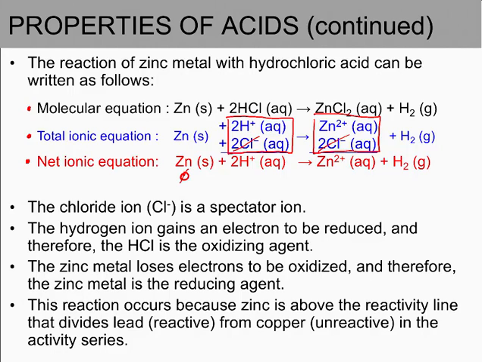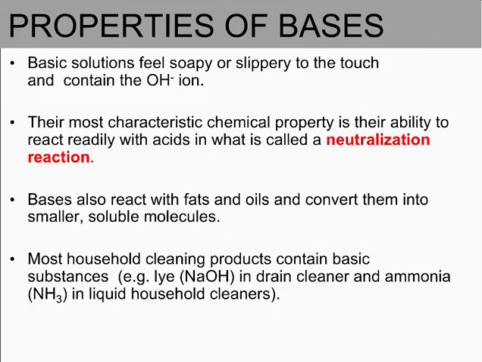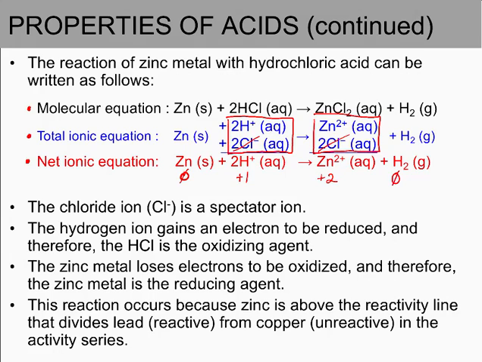But then these hydrogen ions have a +1 charge, so their oxidation number would be +1. Then the zinc ion in the products has a charge of 2+, so its oxidation number is +2, or 2+, it doesn't matter which way you write it. And then the hydrogen gas is a molecule, so that's a pure elemental form of hydrogen, so we would give that a value of 0.